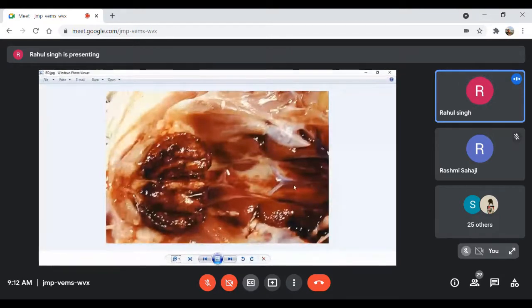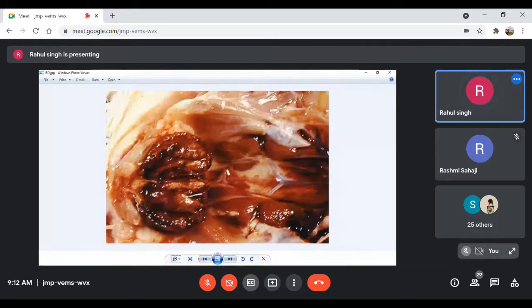And you see, this is the bursa that has been cut open. Enlarged and hemorrhagic bursa of an IBD affected bird that has been cut open. This part is the cloacal part that has been cut. Intestines have been removed. This is the remnant of the cloaca.